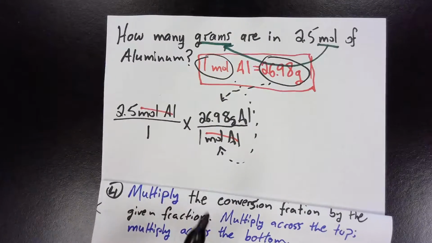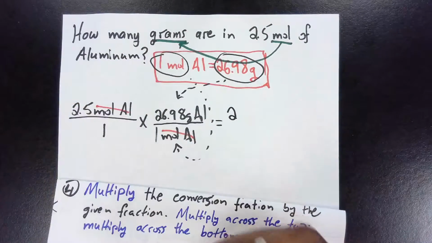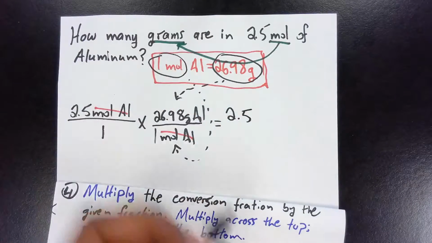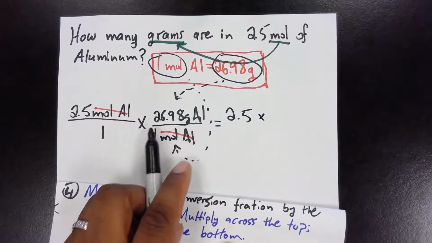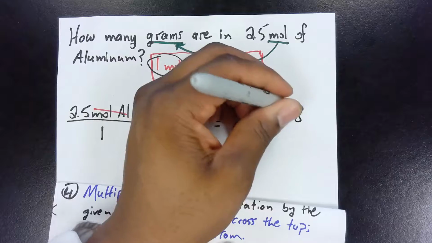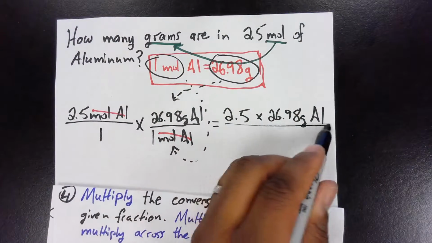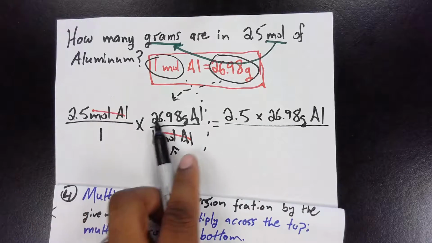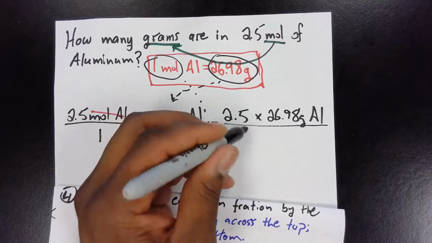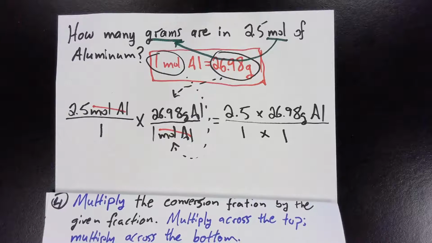The moles of aluminum cancel out, so that's going to be 2.5 times 26.98 grams of aluminum on top. On the bottom, we just have 1 times 1.